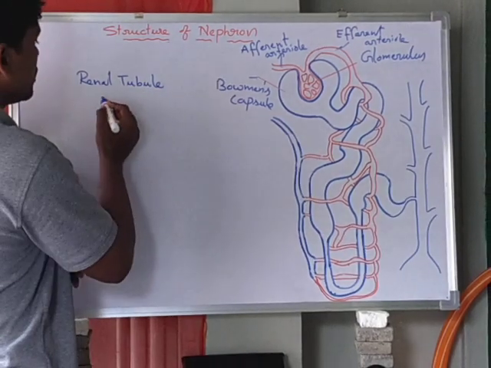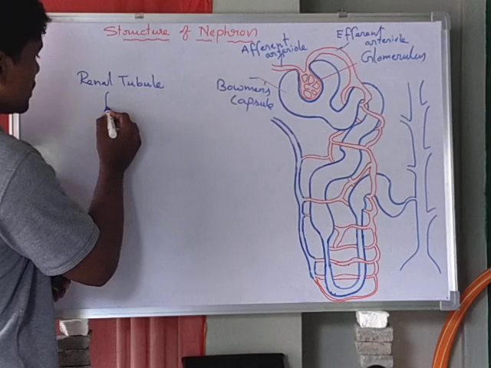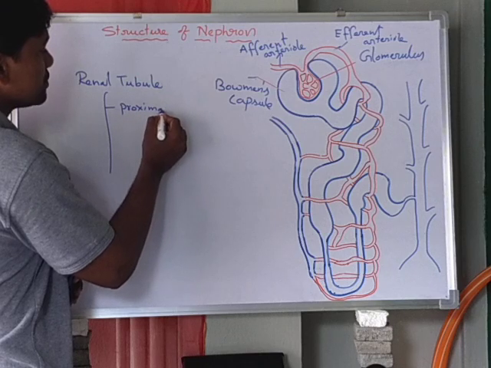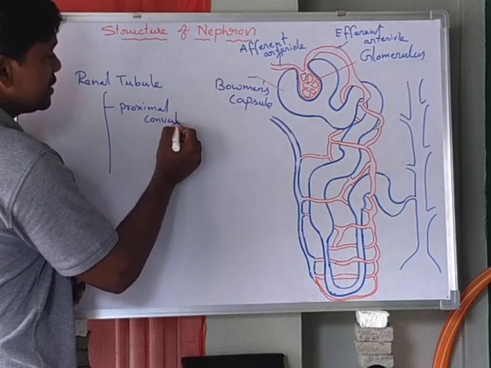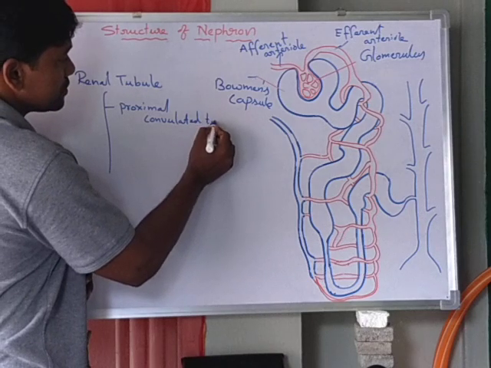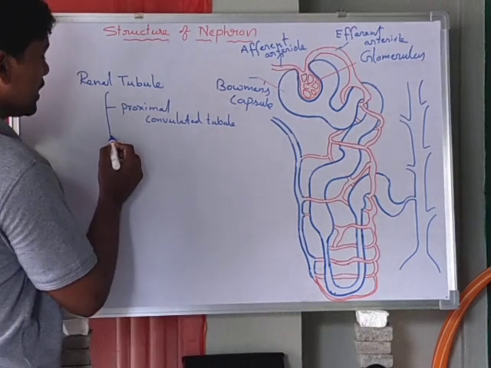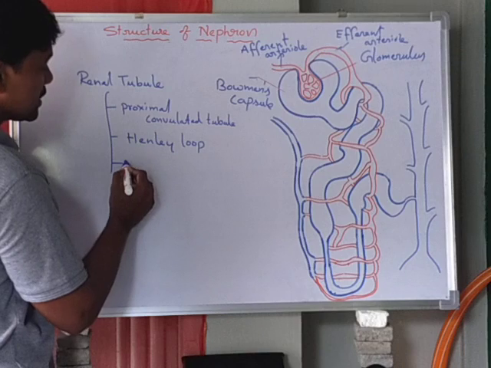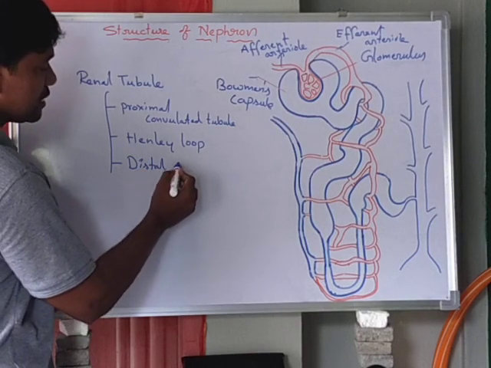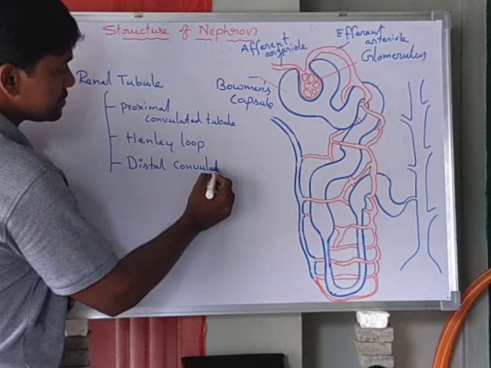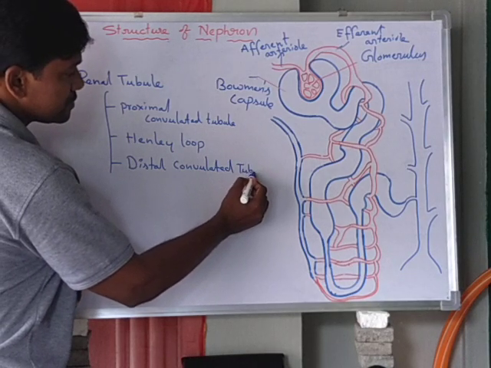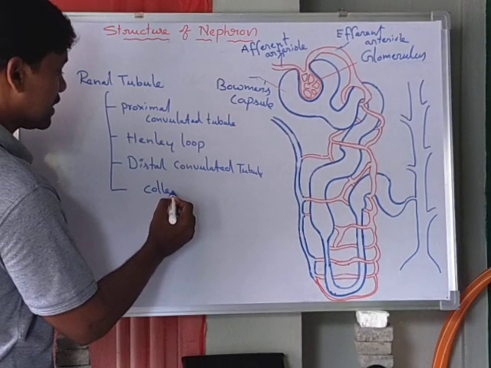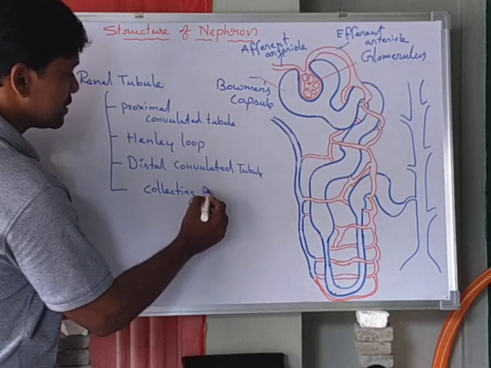This renal tubule consists of some parts: the proximal convoluted tubule, the Henle loop, the distal convoluted tubule, and the last one is the collecting duct.